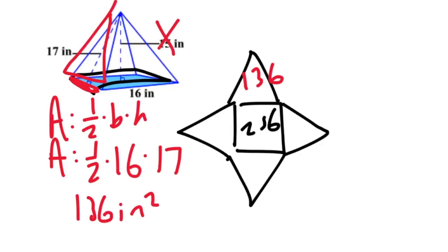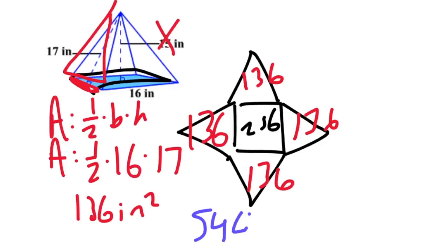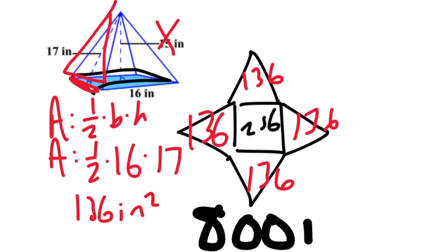Now we need to add up all the areas of the faces to find the total surface area. 4 times 136 is 544 plus 256 is 800 inches squared.